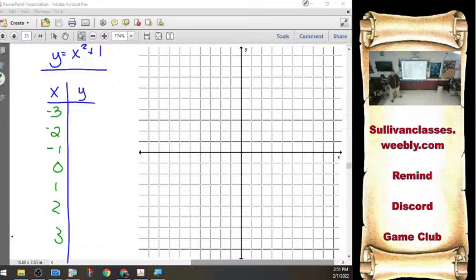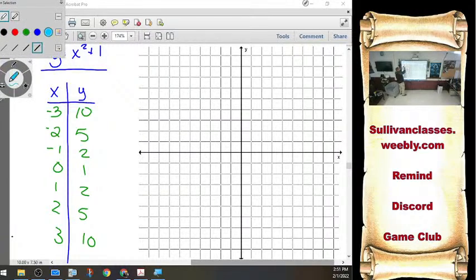Positive or negative? Positive. Yes, negative by negative, right? So 9 plus 1 is 10. What's negative 2 squared? 4 plus 1. Negative 1 squared, plus 1. 0 squared, plus 1. 1 squared, plus 1 is 2, 5, 10. Okay? So plot your points and see what this thing looks like.